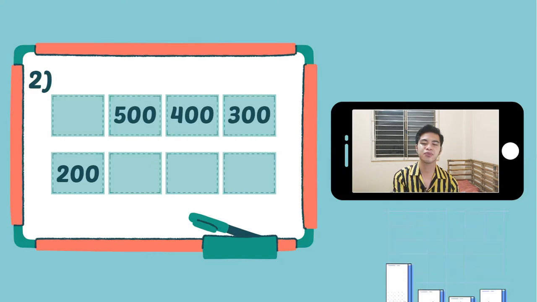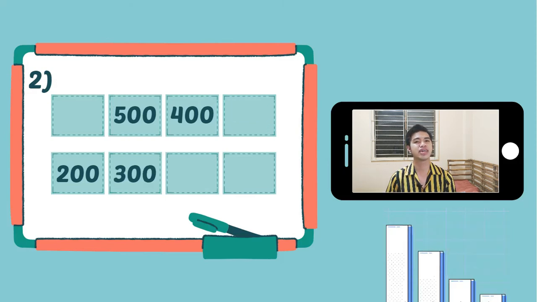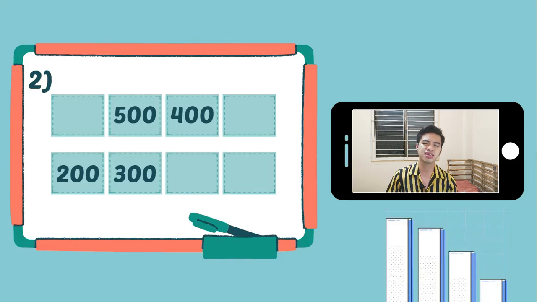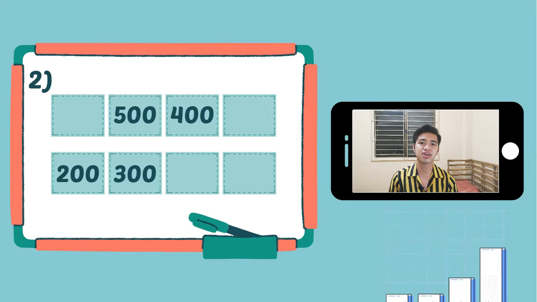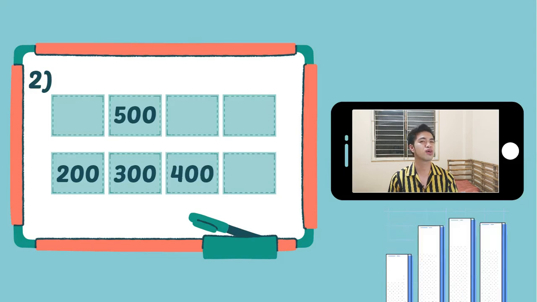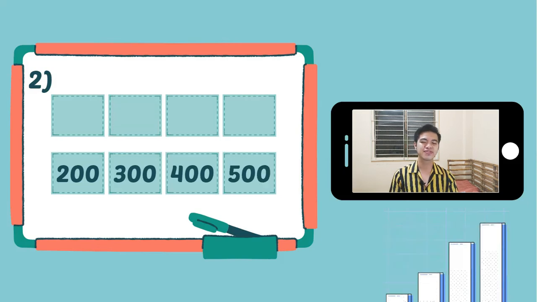In this case, we have 300. 300 is the smallest of them all. So we only have two numbers left. They are 500 and 400. What do you think is the smaller one? Is it 500 or 400? Good job. The correct answer is 400. Since we only have one number left, we're just going to write it down. Okay?